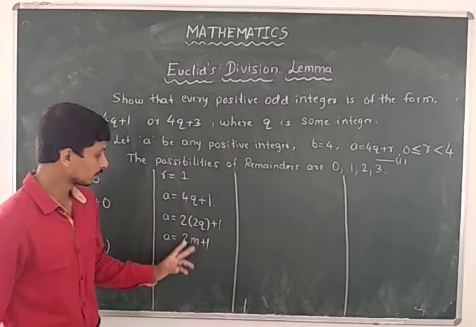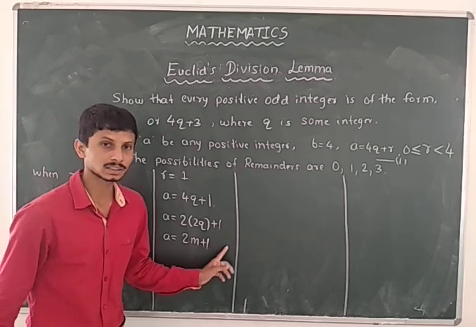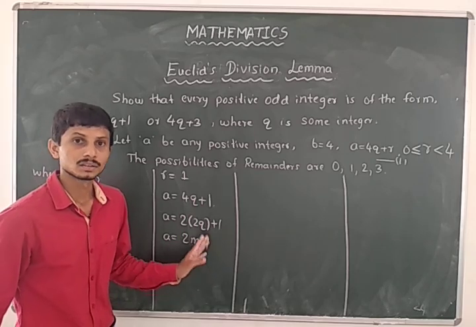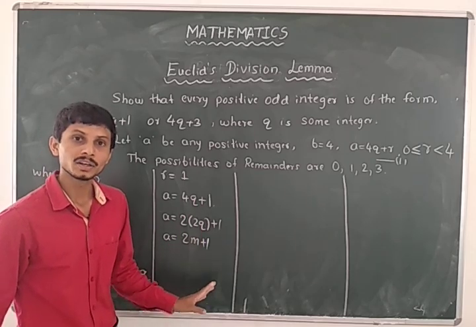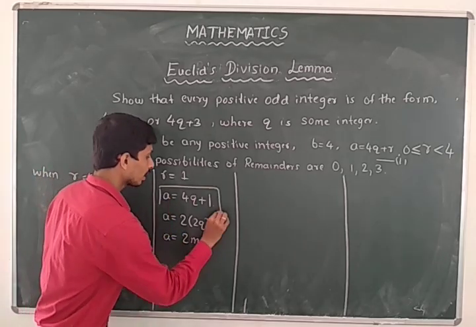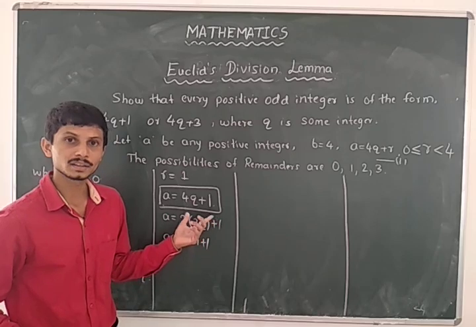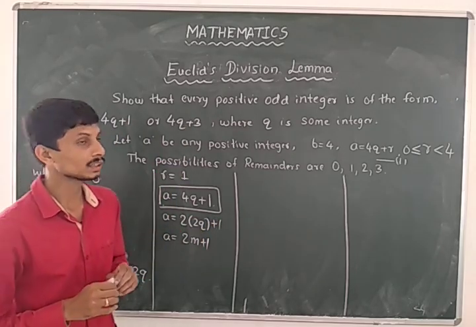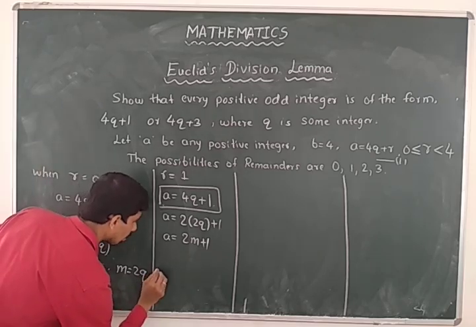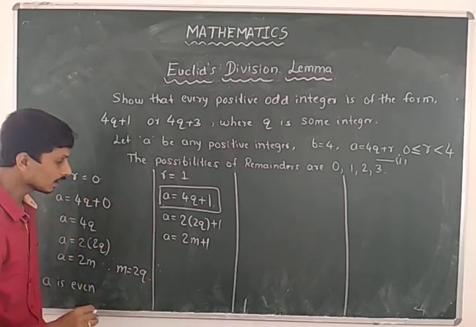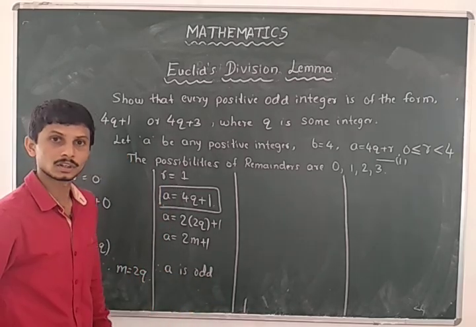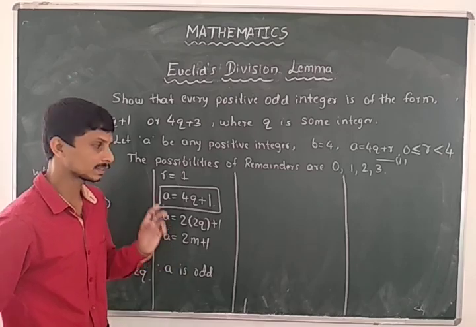From this equation we come to the conclusion that a is not completely divisible by 2, because the remainder here is 1. So from this we can understand that a positive odd integer is of the form 4q plus 1. That means according to the definition of an odd integer, a is odd. Okay, so I hope you understand that.